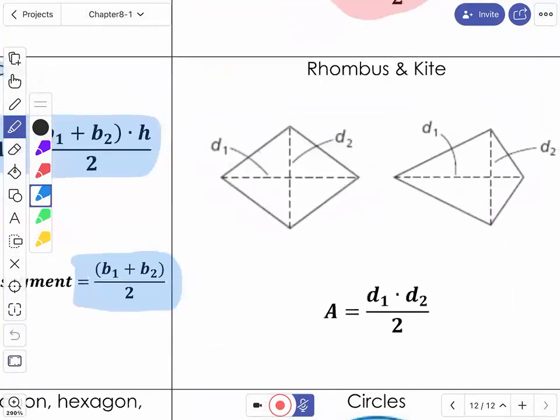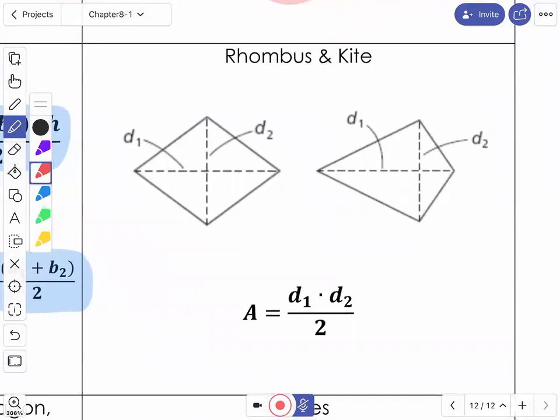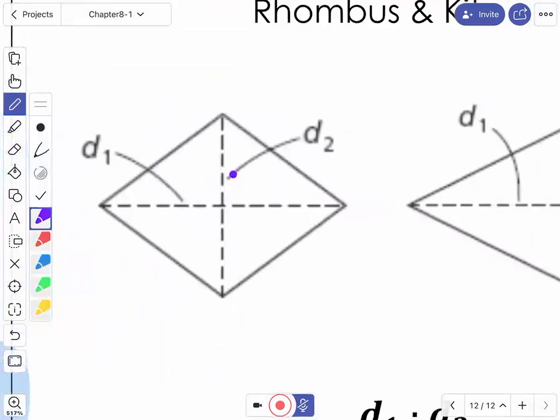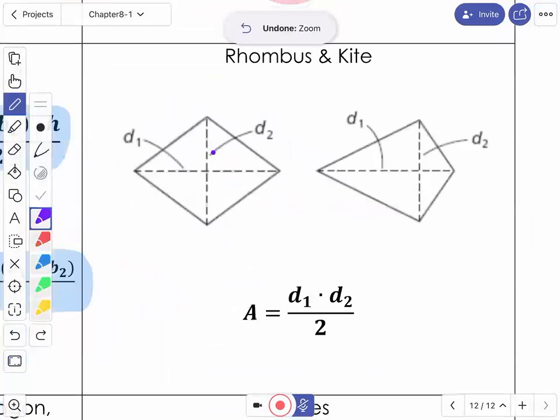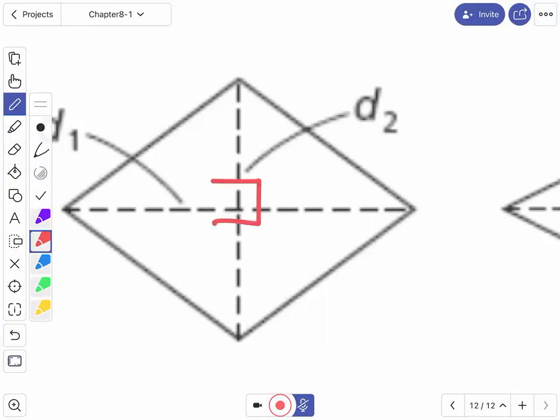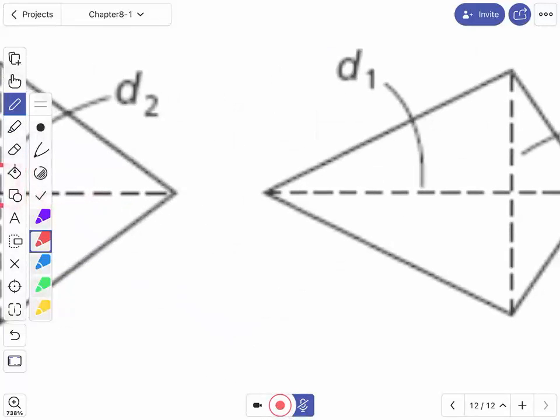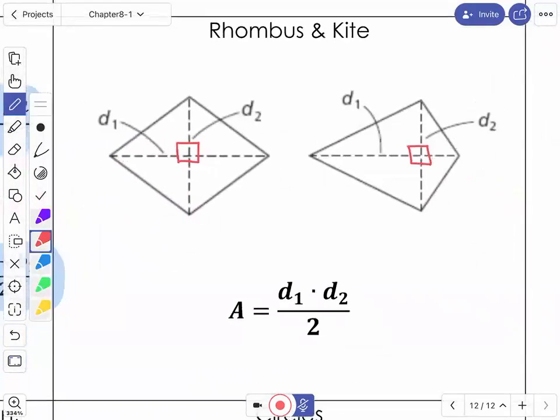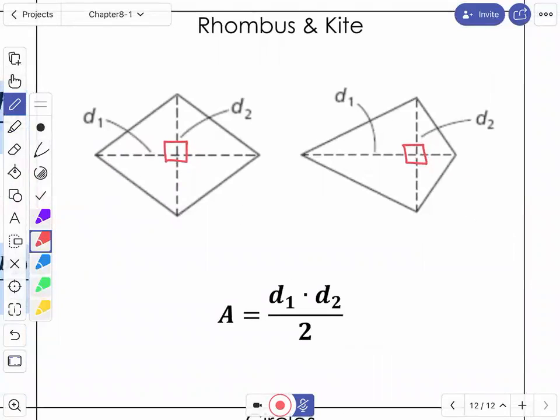All right, our next two figures that we're going to look at have the same kind of formula. They did not have bases and heights because, again, it's all about where is the 90. And in a kite and rhombus, those 90s are inside the shape. Same thing for the kite. The 90s are inside with the diagonals. So the diagonals act like the base and height, but they use the same formulas.